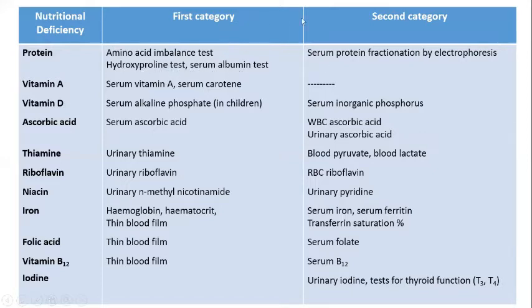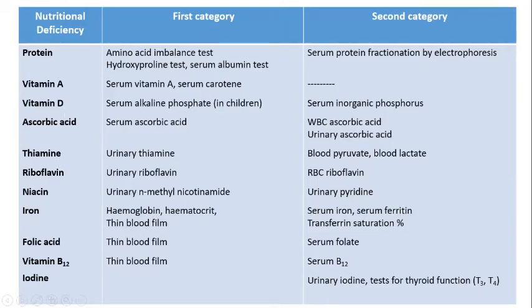As the secondary test, we can do serum protein fractionation by electrophoresis like techniques. Okay, then in this table you can see different biochemical tests available to identify primary and secondary stages of nutritional deficiencies.